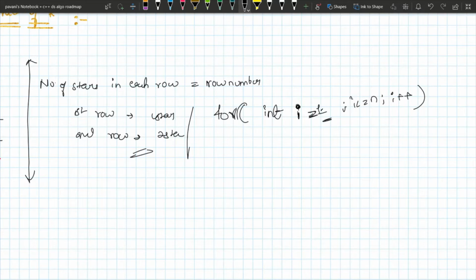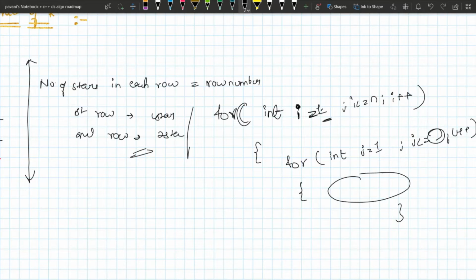Think of these as iterations that run to increment the rows, keeping track of rows, right? Next, the inner j loop: j equal to 1, j less than or equal to something, j plus plus. This inner for loop is written to print the star, to cout the star.